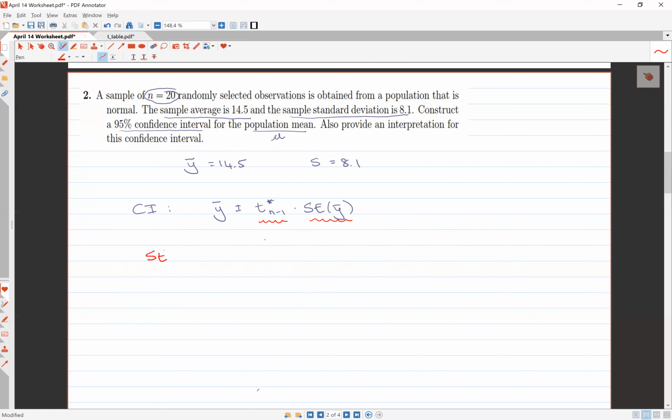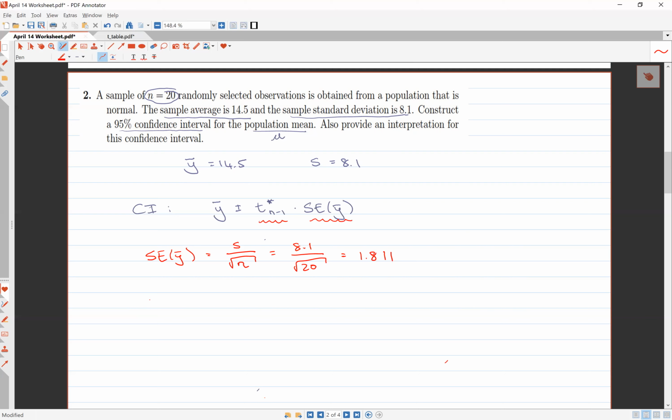Our standard error is just S over square root of n. So in this case, 8.1 divided by the square root of 20. And if we calculate that, rounding to 3 decimal places, 1.811.